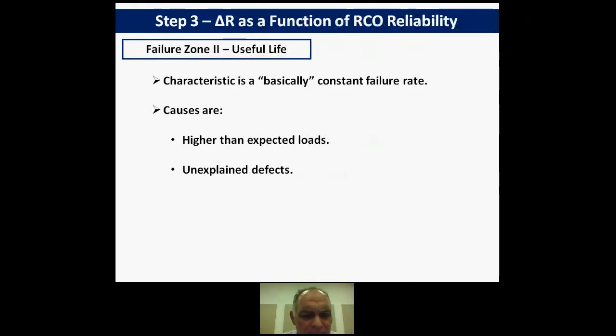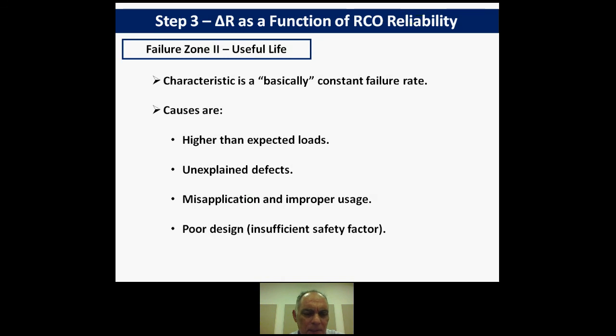Whether that is a human being, that's very important, but also something in terms of equipment as well. We might have some random failures as well, unexplained defects. That's true as well in terms of not using it properly. Some item we don't use properly.